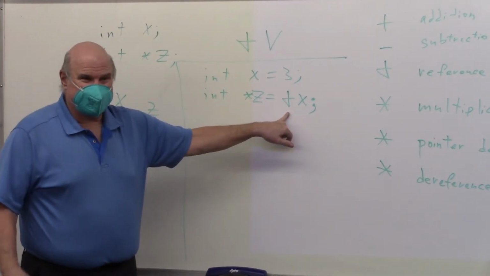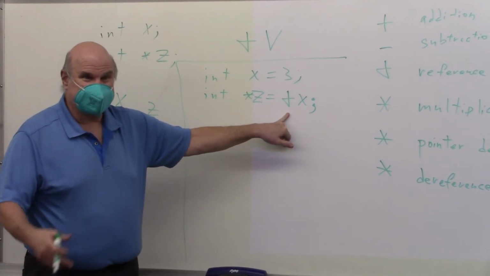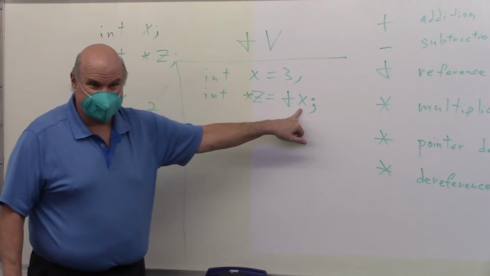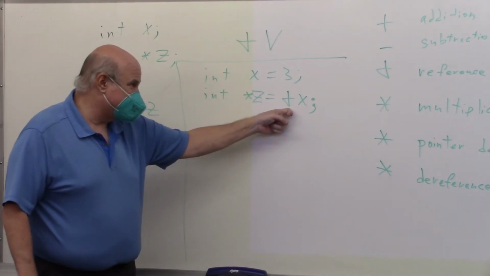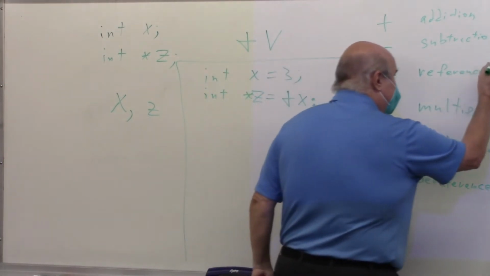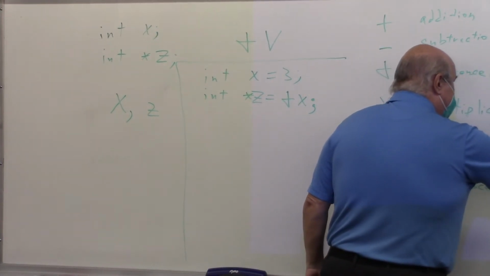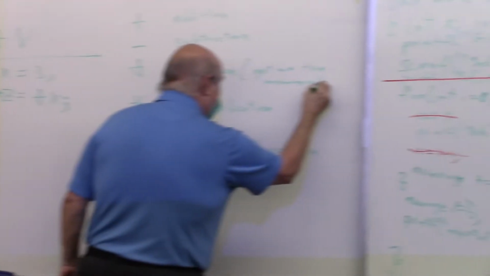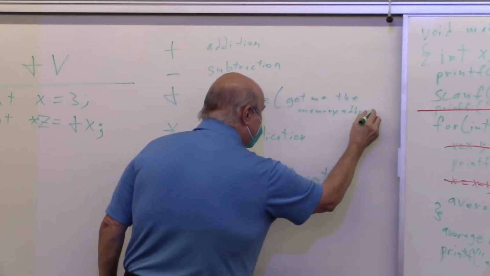Give me a reference, another way to think of that is, give me the memory address of whatever's to the right of it. That's what the ampersand operator does. It's the reference operator. You can think of it as, get me the memory address of.